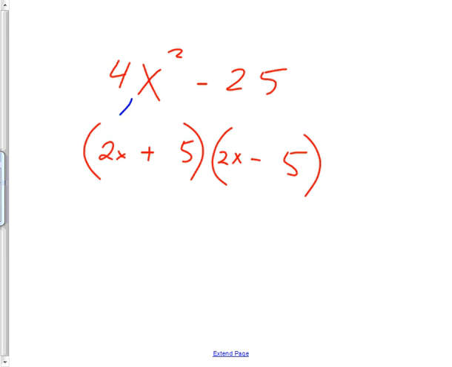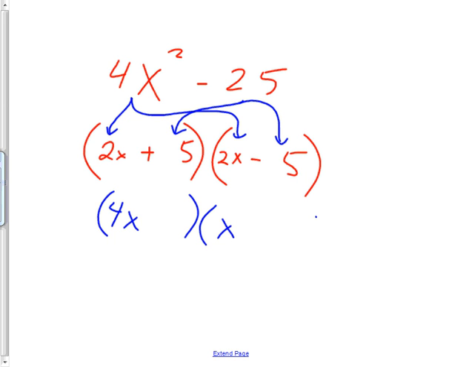This is just a 4x squared being broken into a 2x and a 2x. That is the square root of 4x squared. And this is the square root of 25. Sorry. You could not do this with a 4x and an x because then your outside and inside terms wouldn't cancel. You know what I'm saying?